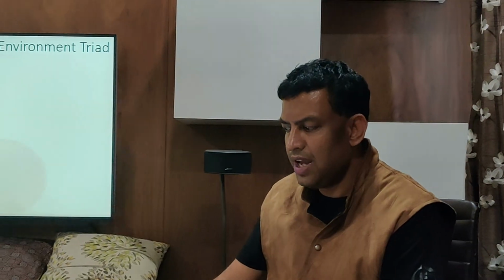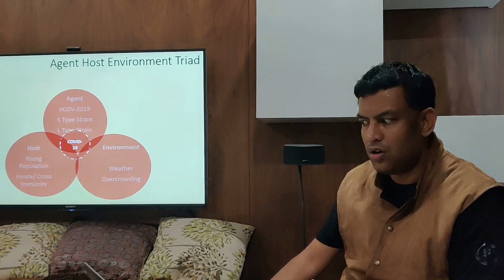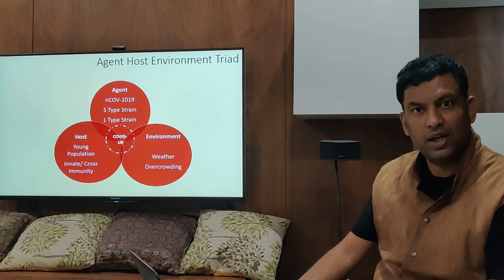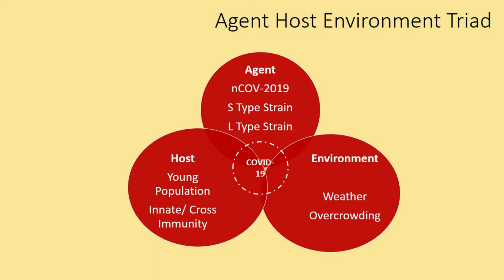Now, in terms of the agent-host triad for COVID-19, what do we know till now? We know the agent, the novel coronavirus 2019, is a type of strain of coronavirus. However, researchers have found two types of strains, small genetic mutations or variations. The S-type strain, which is the original strain found in Wuhan in China, is quite virulent and is causing fatalities of 4% and upwards.